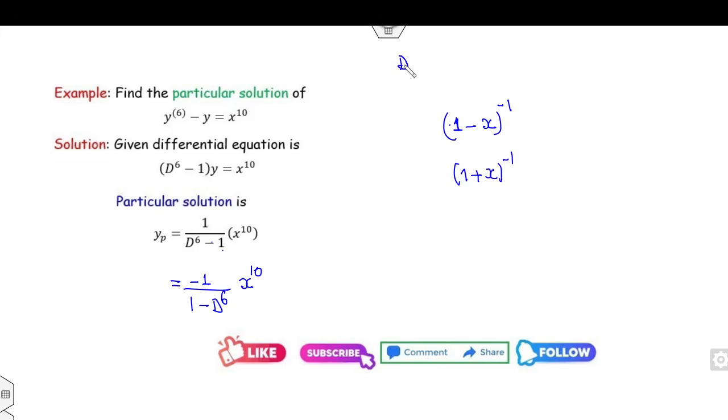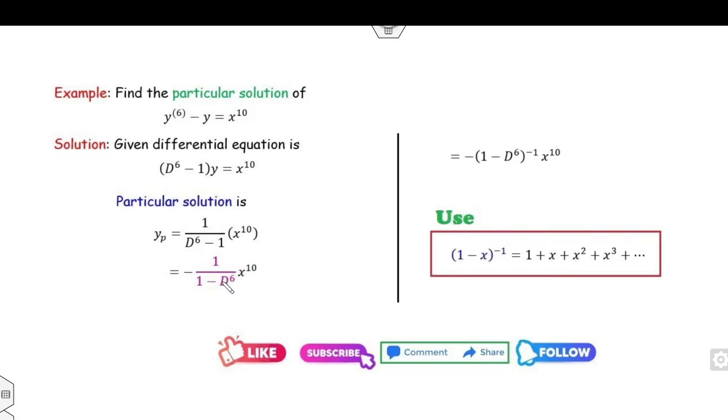If you consider d raised to power 6 as common, then it becomes a negative power, so that option is cancelled out. Then you can write 1 minus d raised to power 6 in this power. We can expand up to the degree 10. So 1 minus x, 1 plus x square. If you consider x square it is at 12 and it is more than the degree 10.